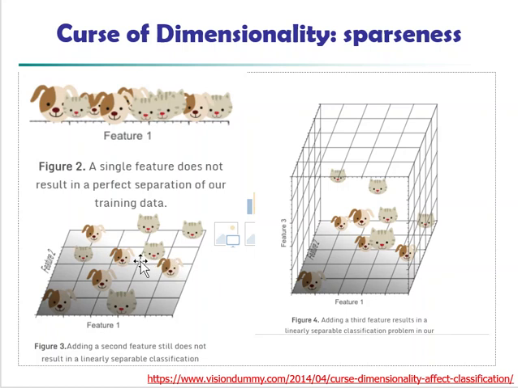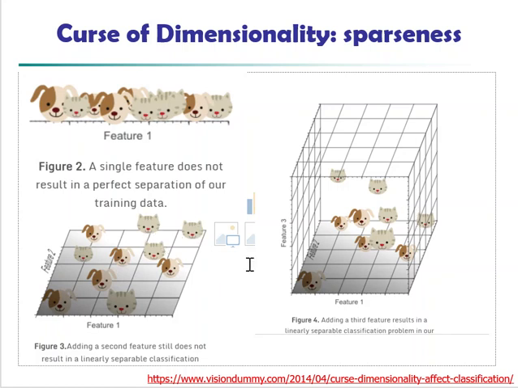You can see the data becomes more sparse. With two features, we still cannot use a straight line to separate all the dogs from all the cats. So the classification task is a little bit challenging. We have to figure out a very complex function to group all the dogs and cats together.